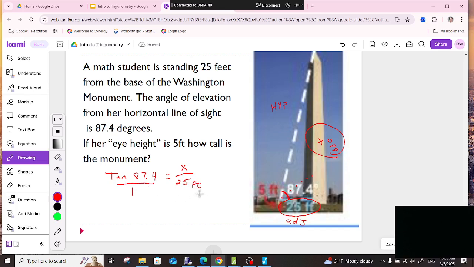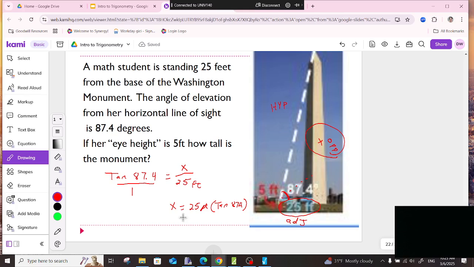I'm going to place this over 1 and cross multiply. I get x is equal to 25 feet times tangent 87.4. Do that on your calculator right now.